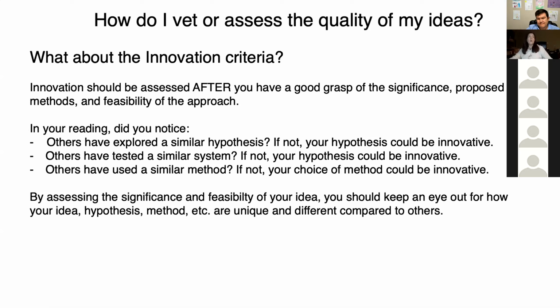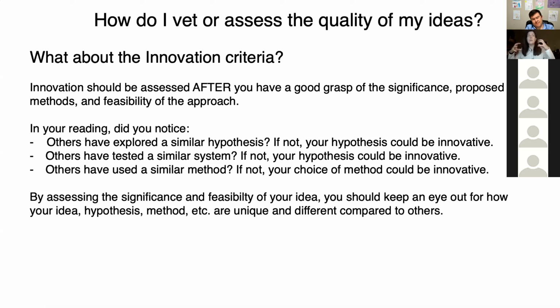So if you're doing a medicinal chemistry problem, have other inhibitors of your protein already been created? If not, there's innovation. Are you using similar methods? Let's say that you propose to develop a reaction and you're going to use a combinatorial array of ligands and catalysts to develop your method.